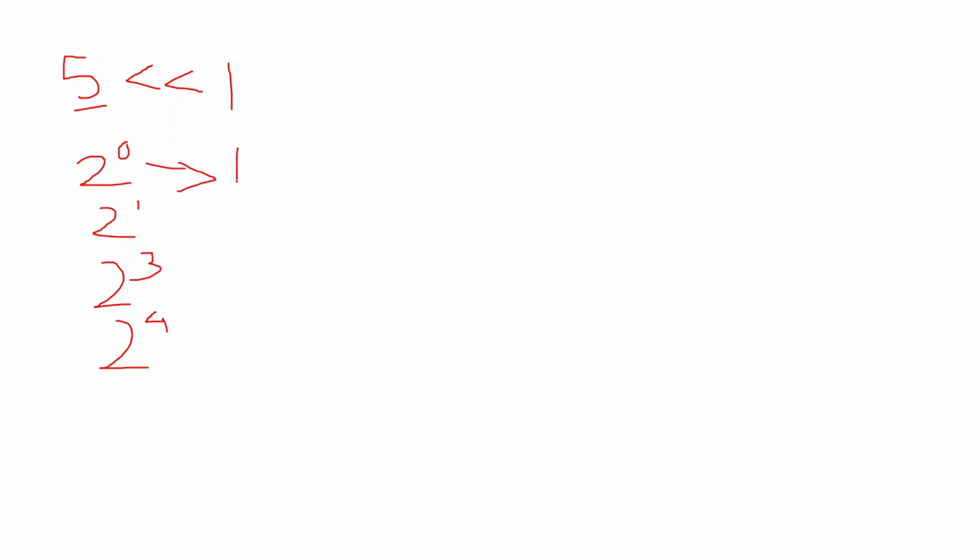So 2 raised to 0 is 1, 2 raised to 1 is 2, 2 raised to 2 is 4, 2 raised to 3 is 8. So let's put these numbers from descending to ascending. So it will be 1, 2, 4, 8.